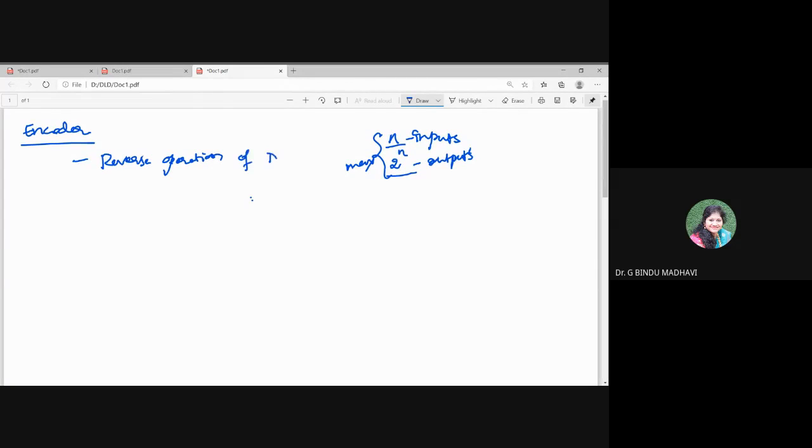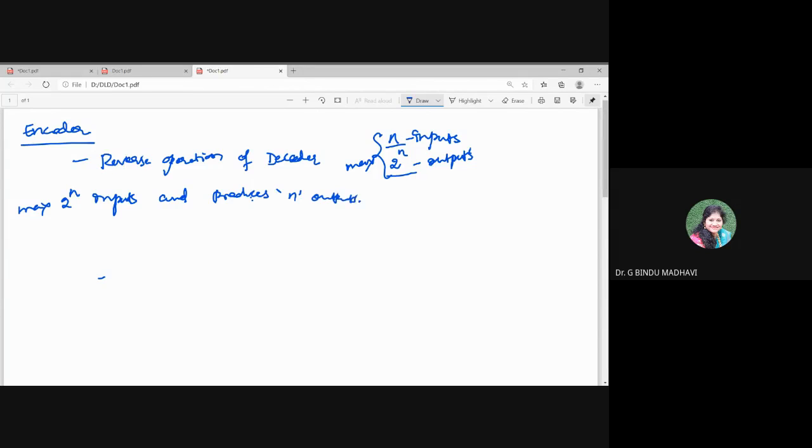So what is meant by reverse operation? It takes 2 power n inputs and produces n outputs. Very good.